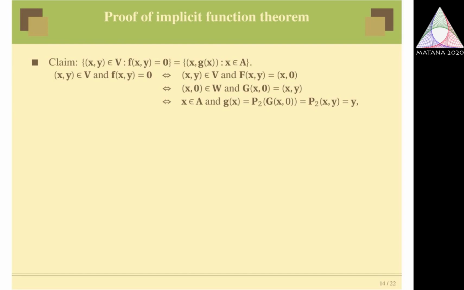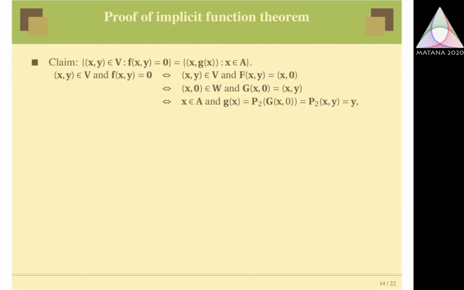That is equivalent to x belongs to A and small g of x is equal to P2 of capital G of (x,0), which is P2 of (x,y), which is equal to y. Therefore, we get that the set of all (x,y) belongs to V with f of (x,y) equal to 0 is equal to the set of all (x, g of x) where x varies over A.